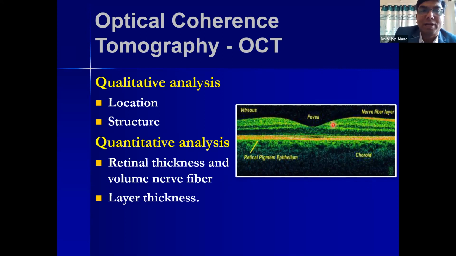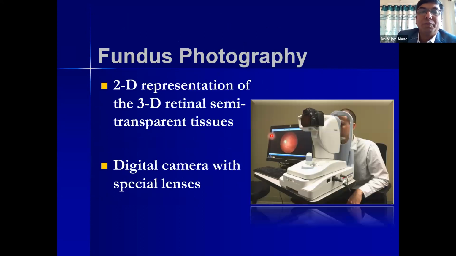So a very accurate analysis can be done using optical coherence tomography, to find out the exact thickness, exact location, exact border, or exact area of a particular parameter. Optical coherence tomography is very helpful in that case.